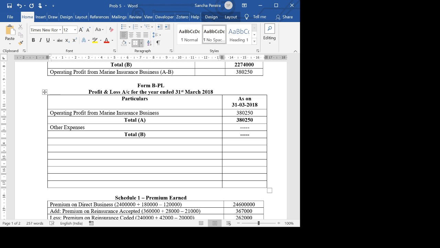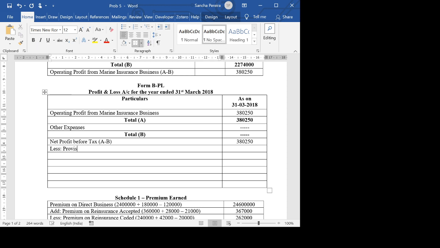So basically, net profit before tax is A minus B. A is 3,80,250. We have nothing in B, so it's going to be 3,80,250.